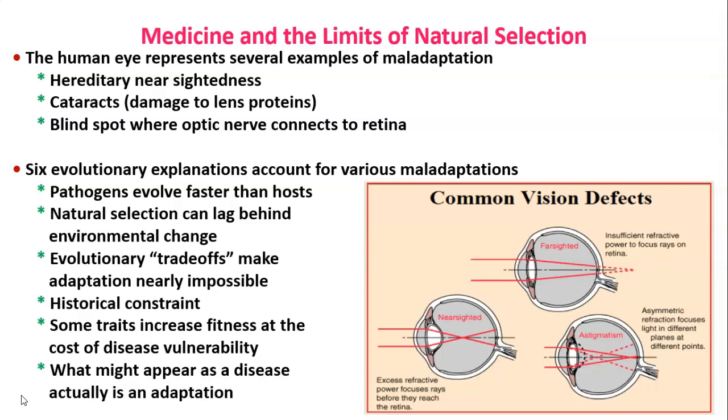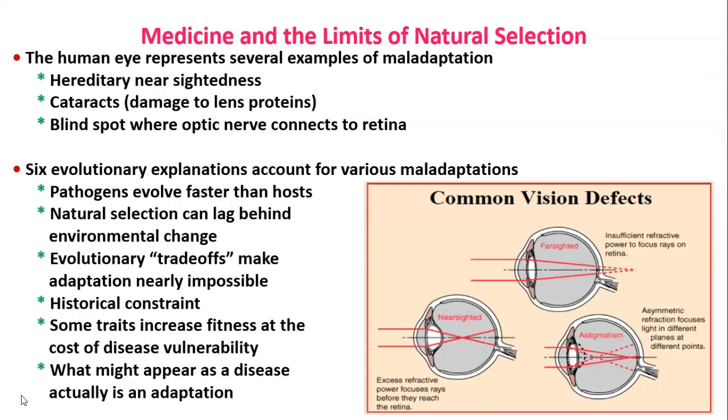And then there's the classic blind spot in our eye where the optic nerve connects to the retina. And our eye, we don't even notice it, has to sort of dart back and forth in order to make up for that vision impairment. So there's a classic example of maladaptation. I went on the internet, found a visual to sort of represent nearsightedness and farsightedness, etc., and how that occurs.